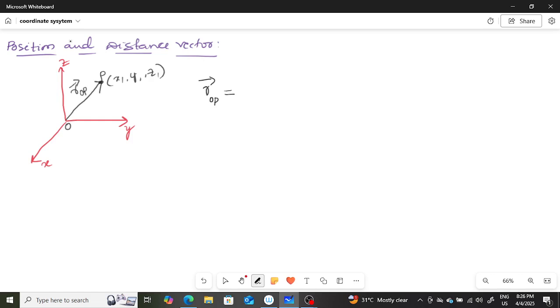So x1 ax, plus, observe carefully, y1 ay, plus z1 along the z direction, az. This is nothing but the position vector. This is very simple.